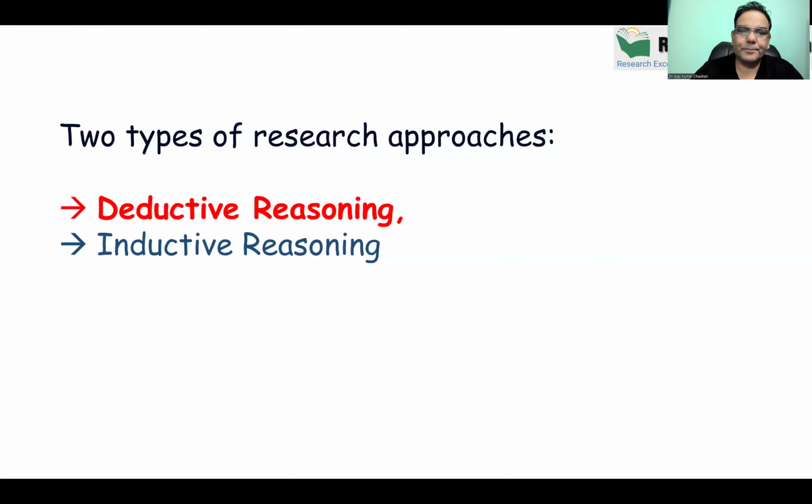On the other side, we also have two approaches: the deductive reasoning approach and the inductive reasoning approach. These two terms are very famous. Deductive reasoning approach means, you know, there are two types of research problems.